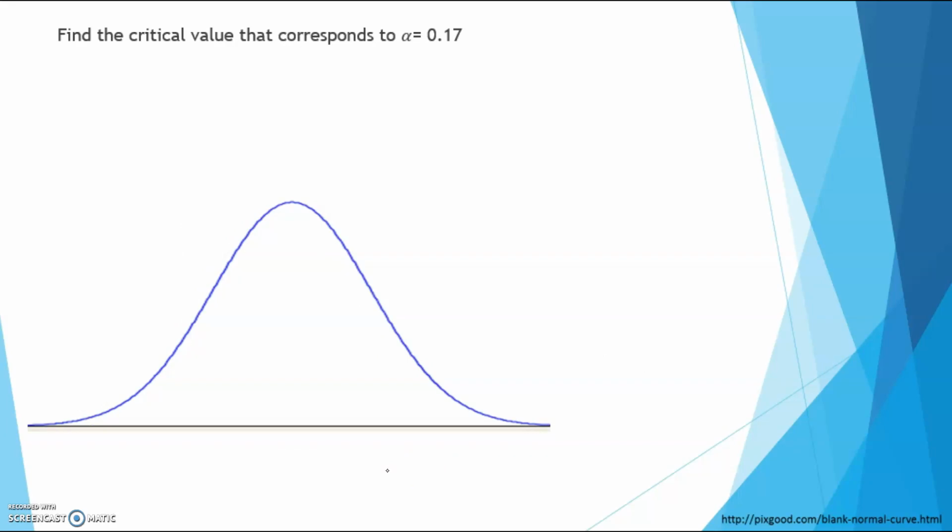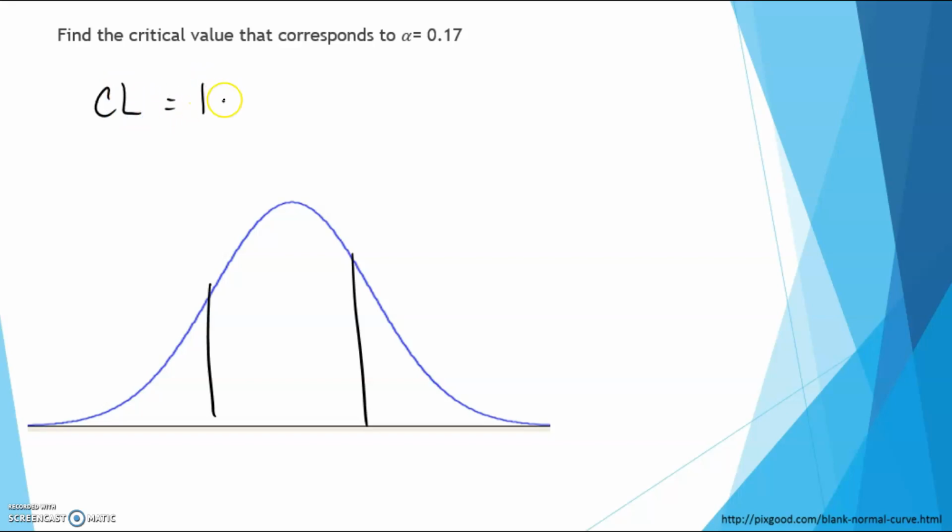Okay. It says find the critical value that corresponds to alpha of 0.17. Okay, so I know that the critical value is, or not the critical value, the confidence level is going to go in the middle.